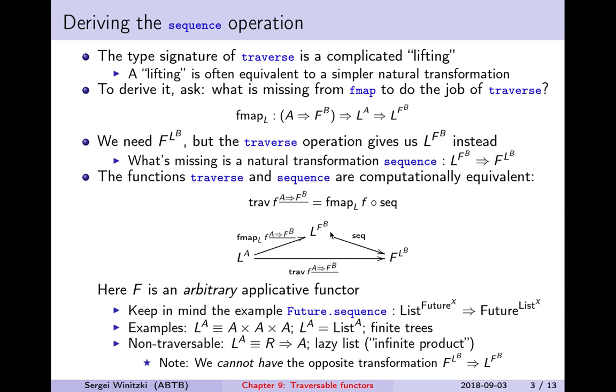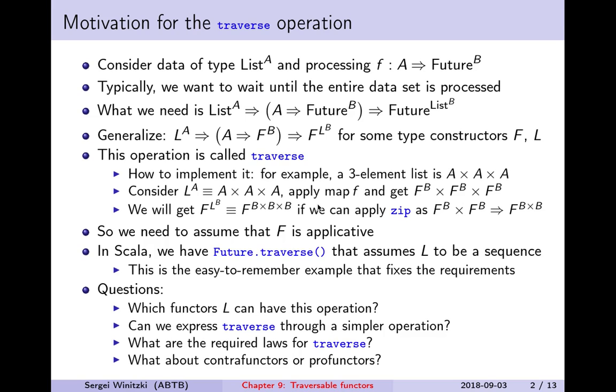And notice also f here is an arbitrary applicative functor. So these functions don't use the structure of f other than that it is applicative. So that's an example we have seen just before. We implemented a traverse function for this type constructor by applying the zip function of f.